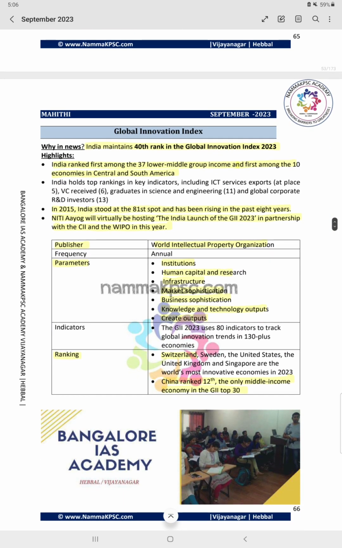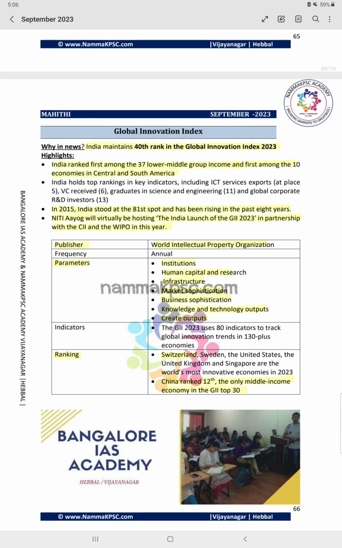Then we have the Global Innovation Index. First things first, who is the publisher of this? This is published by the World Intellectual Property Organization. And what is India's rank? India has ranked 40th in 2023, and India is first among the lower middle income groups to be in the top 10.